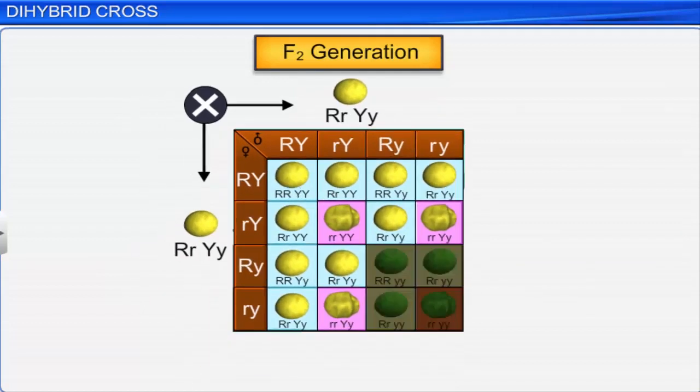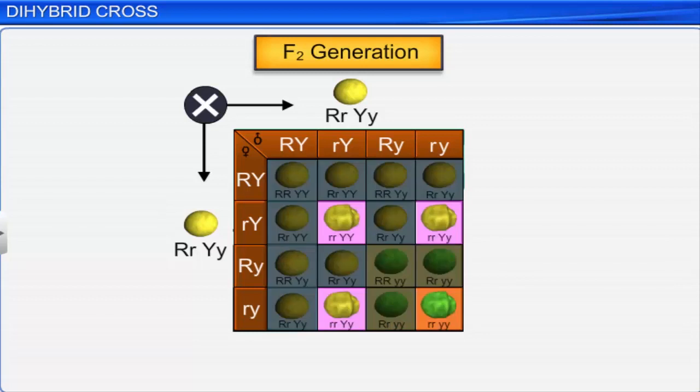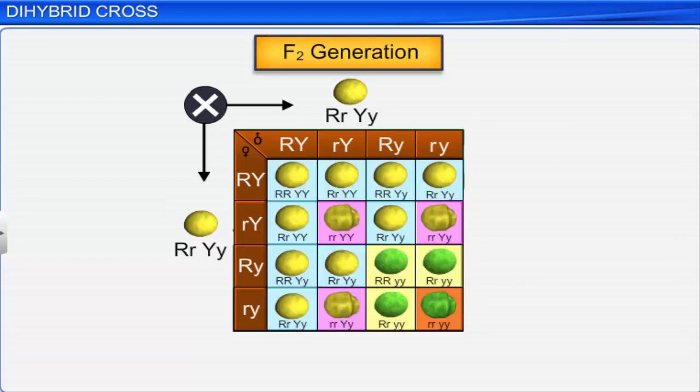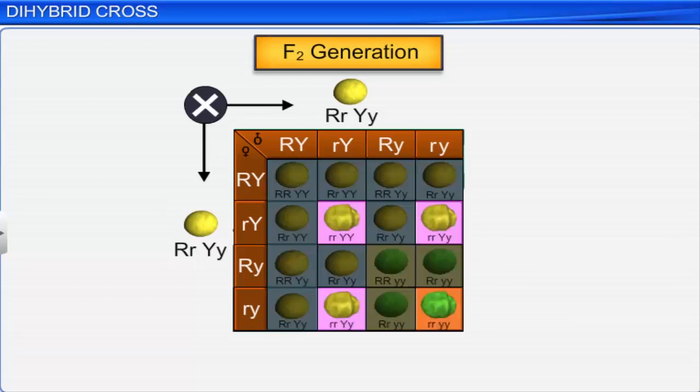Therefore, the yellow and green color had segregated in the ratio 3:1, similar to the results obtained in a monohybrid cross. And the round and wrinkled shape had segregated in the same ratio, 3:1.